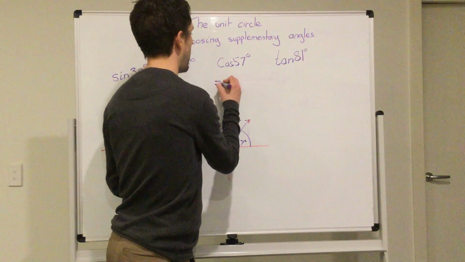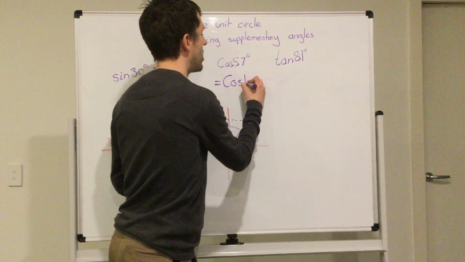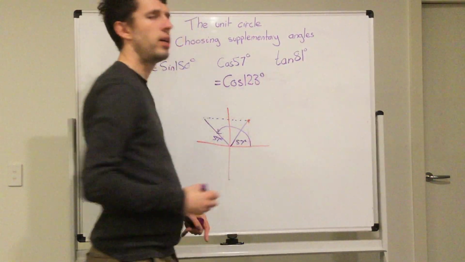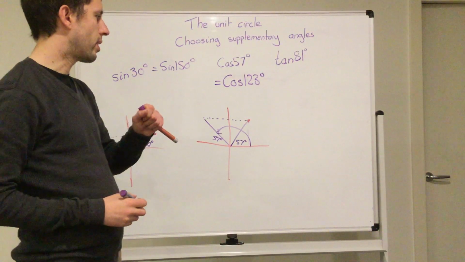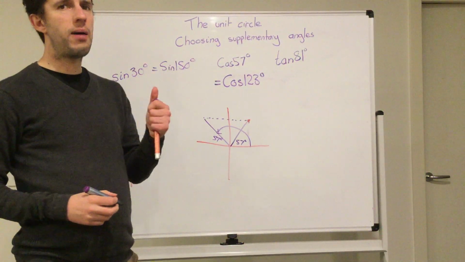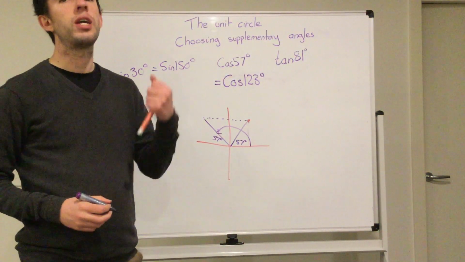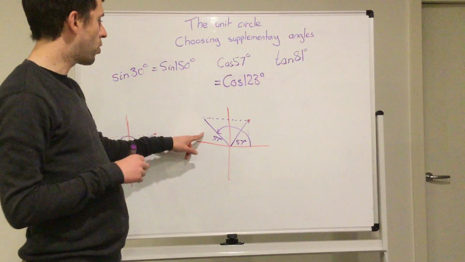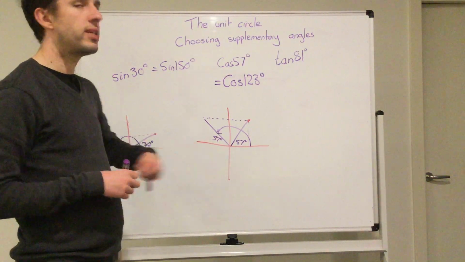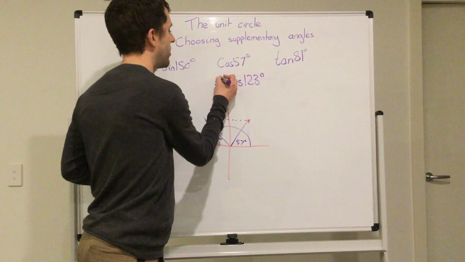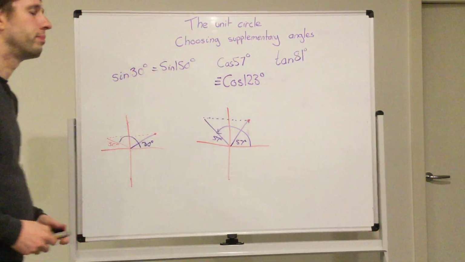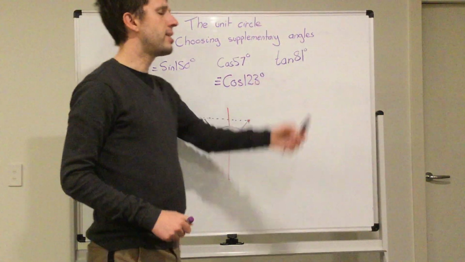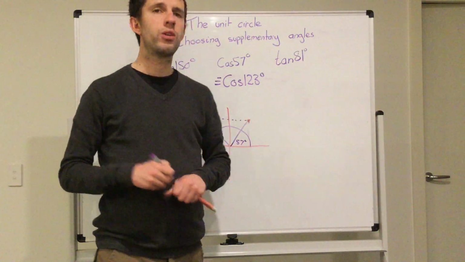So I'm going to have cosine 123 degrees. But I need to check something. What does cosine represent? Cosine represents the x-axis. So in quadrant 2, the x-axis is negative, so I must have a negative sign there.